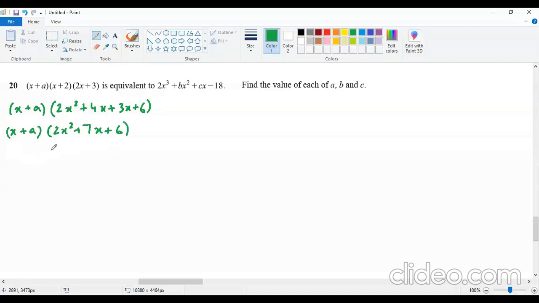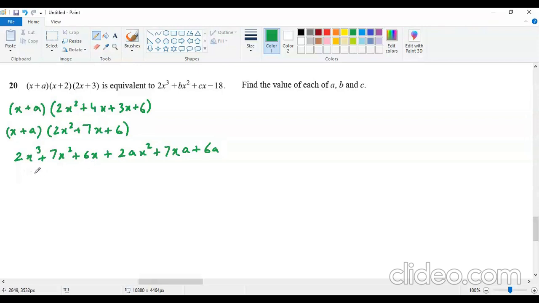Now we are multiplying these two directly. So the first one is going to give us 2x cube plus 7x square plus 6x plus 2ax square plus 7xa and plus 6a.